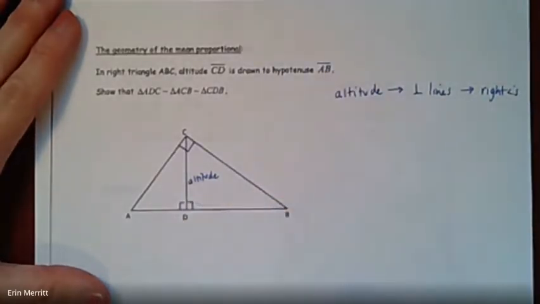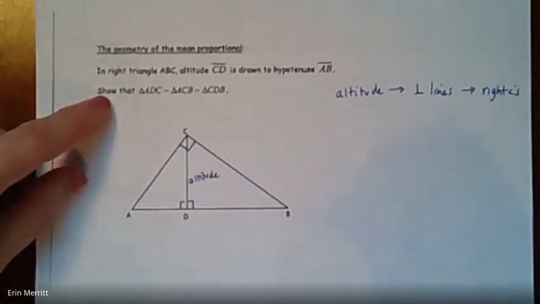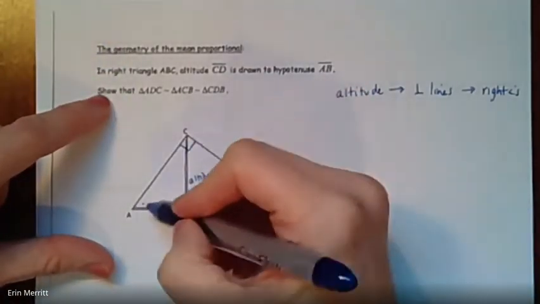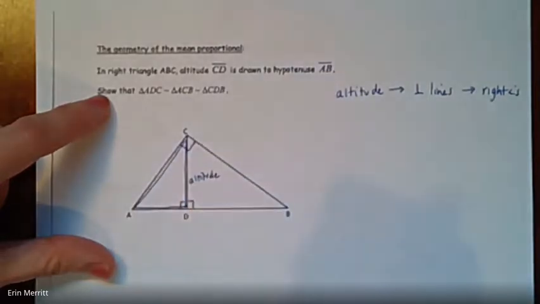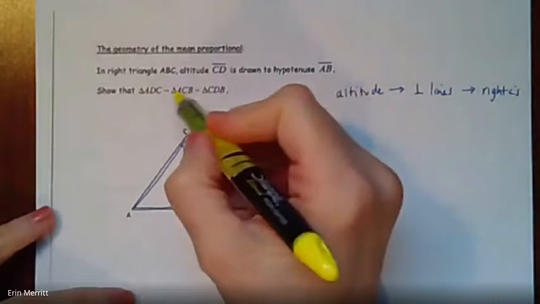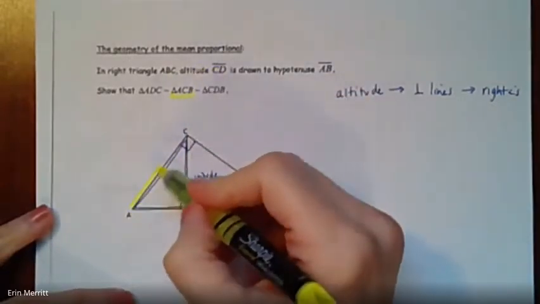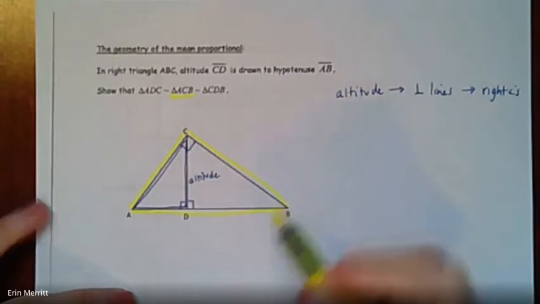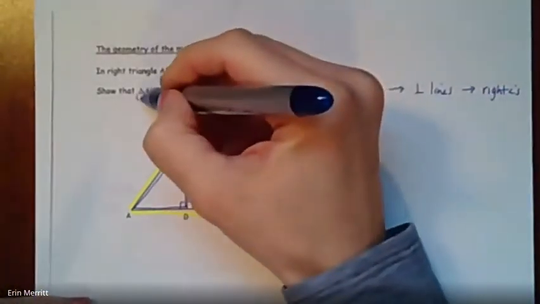The reason I point that out is it says show that triangle ADC, so this is ADC right here, is similar to ACB. All right, we'll kind of color code these here. ACB, I'll get my highlighter for that one. So that's the big triangle right there. My blue is the one on the left.